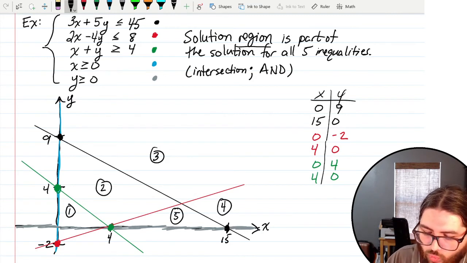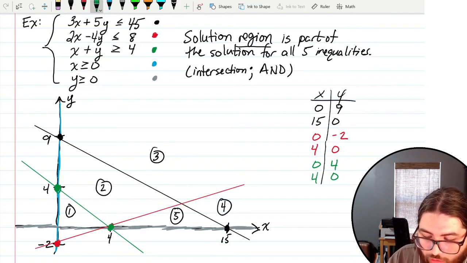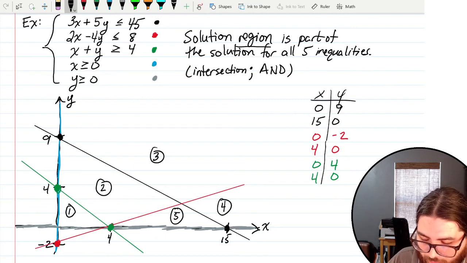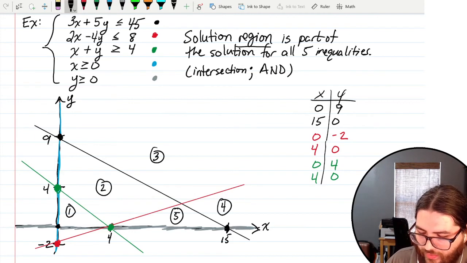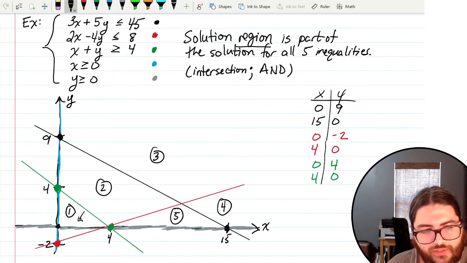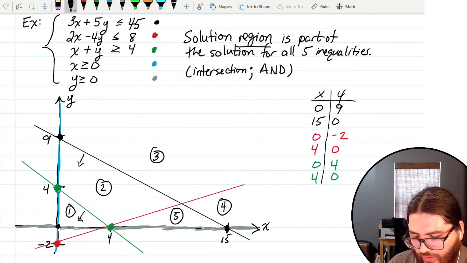Starting in region number 1. Is the origin part of region number 1? Yes. Well, it's kind of on that side of the line anyway. So let's see. Region number 1 is towards the origin from the green line. It's towards the origin from the black line.